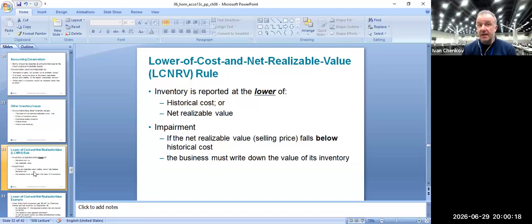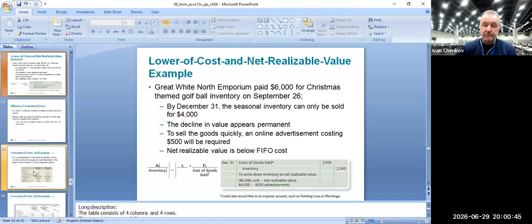Obviously, if we sense that the inventory we carry in our balance sheet or accounting system is valued too high compared to the selling price of the same inventory, then we have to lower the value of our inventory and write it down to the amount that we can recover from our inventory.